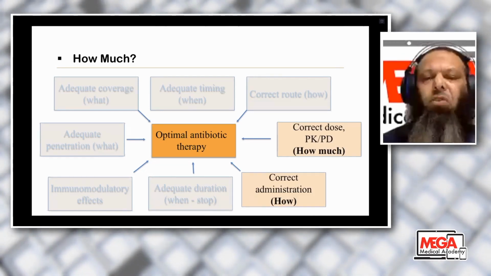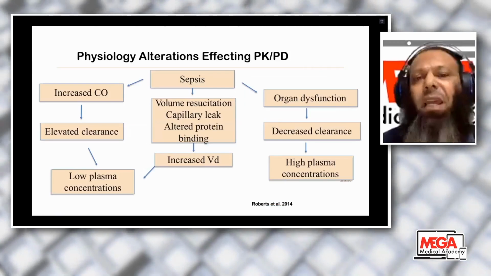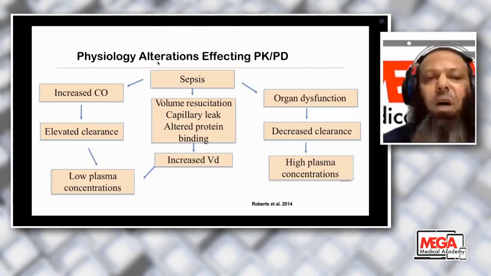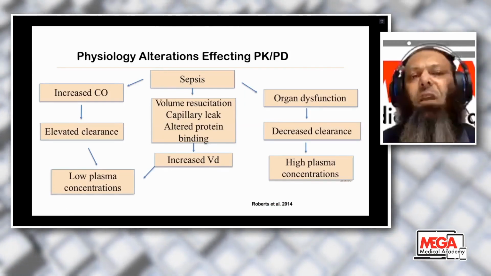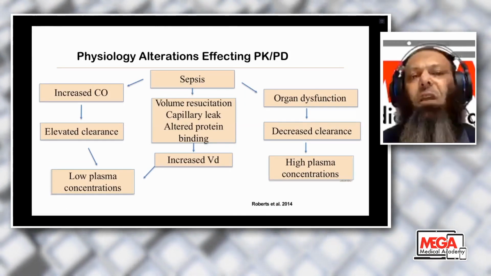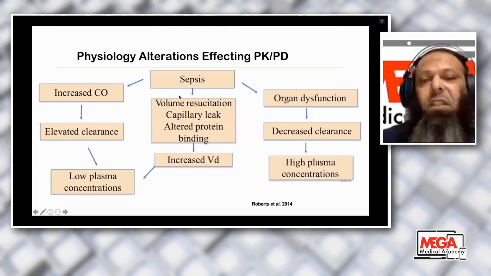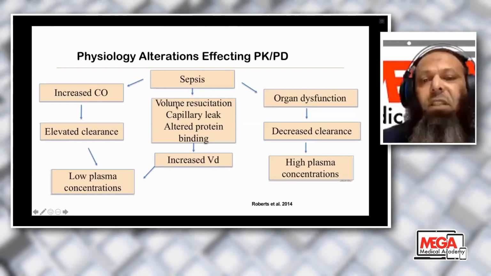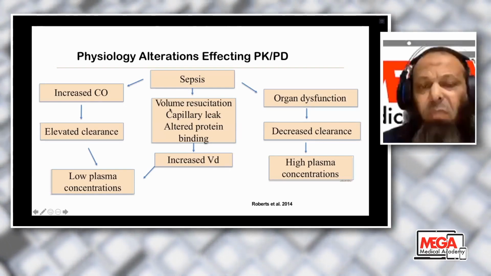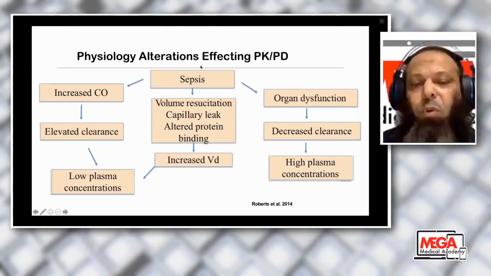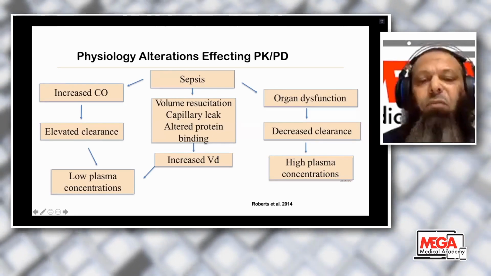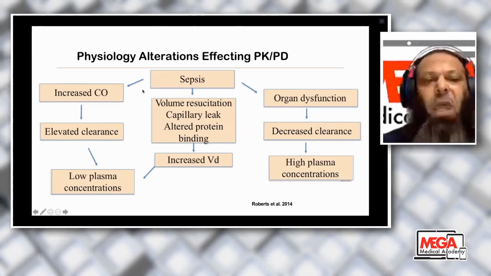Regarding the pharmacokinetics and pharmacodynamics, those are usually the physiologic alterations that affect the pharmacokinetics and pharmacodynamics of the antibiotics in sepsis. In sepsis, the volume of resuscitation, the capillary leak syndrome, and the hypoalbuminemia lead to increased volume of distribution.